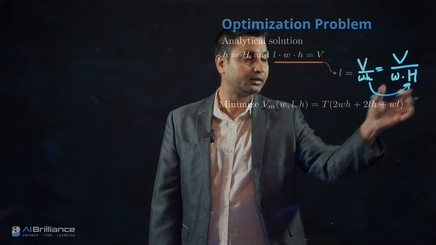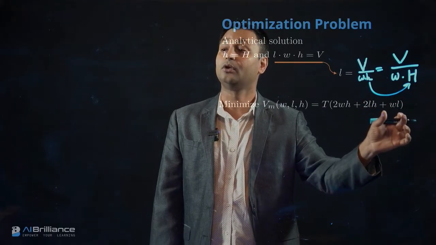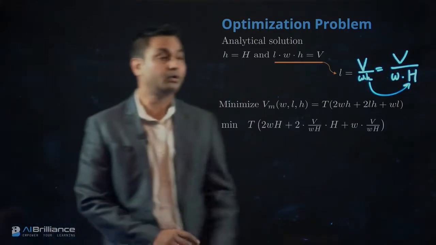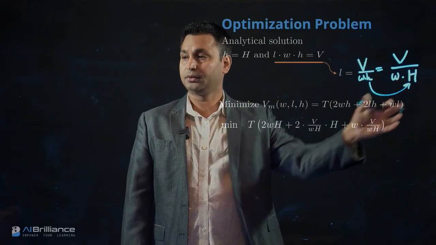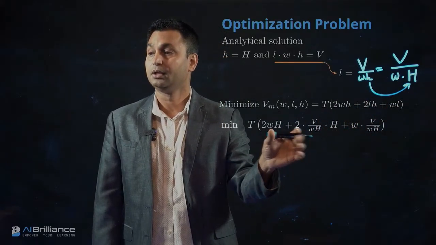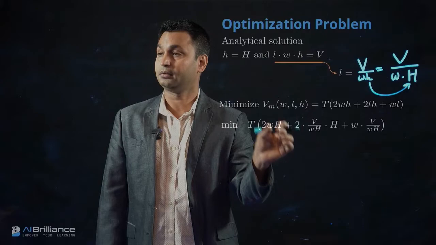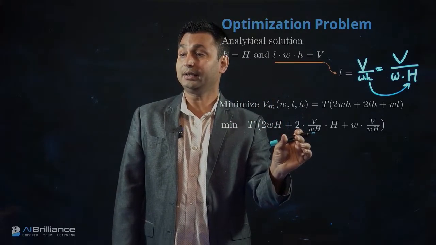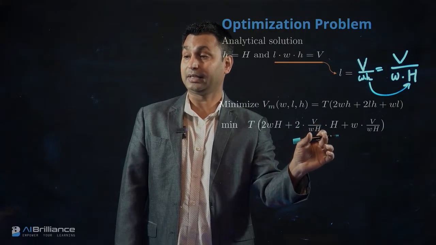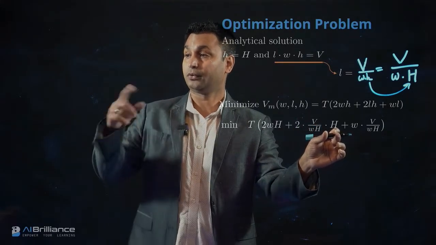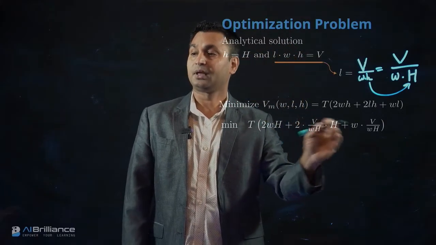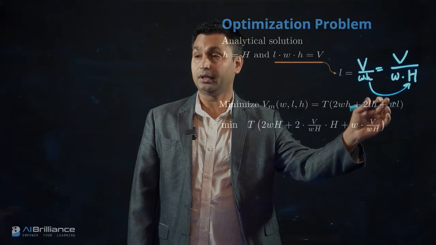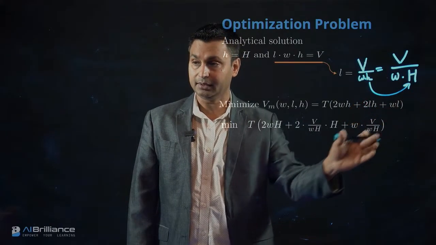Let's substitute this at different locations in the objective function where this L is and see what happens. Now I can substitute this and write this overall equation as this: 2W instead of small h, since small h is equal to capital H, and then we have 2L times H, which is V by WH times H, equal to capital H. Similarly, W times L, we have substituted small l by capital V divided by WH, and that's what we have written here.